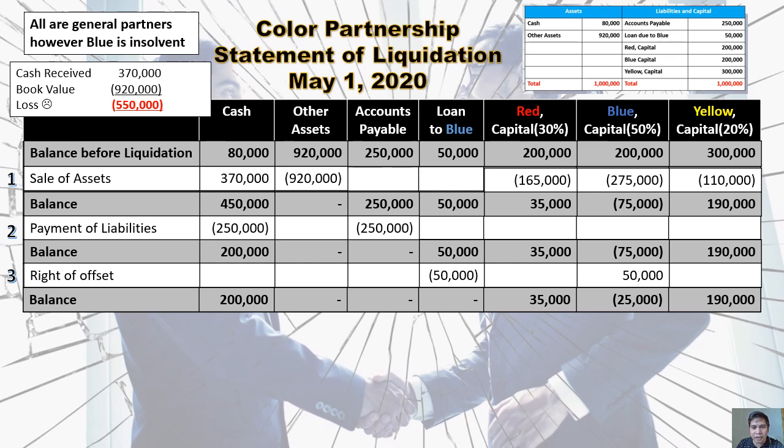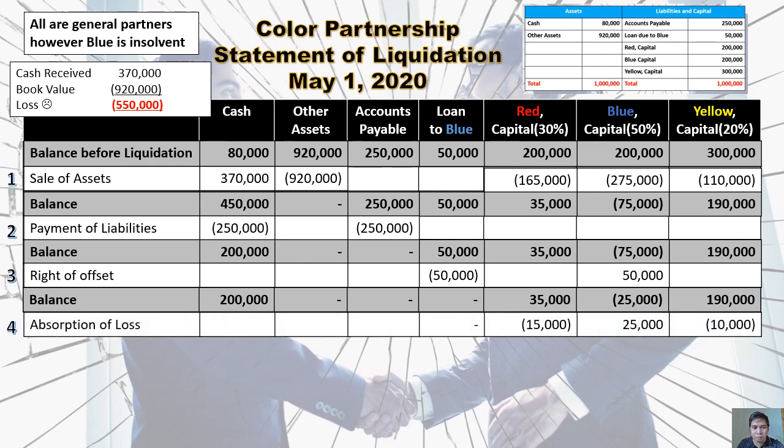Since si Blue is an insolvent partner, hindi po siya pwede mag-invest ng cash kasi nga insolvent na siya. So since insolvent na siya, ang next step po natin ay absorption of the loss of the insolvent partner which is si Blue. Under absorption of loss, yung 25,000 additional to Blue capital will be distributed to the remaining partners which is Red and Yellow based on their profit and loss agreement, except kay Blue.